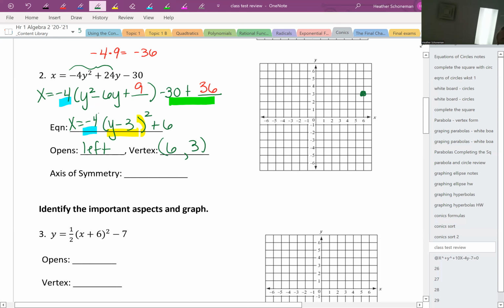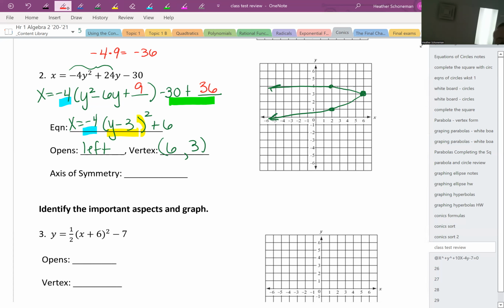Okay, when I go to graph it though, I'm going to go up and down 1 and to the left 1, but because of the 4, I have to go up and down 1 and left 1, 2, 3, 4. And then instead of going 4, I'd have to go 16, which I don't have enough room for. So it would be like that.